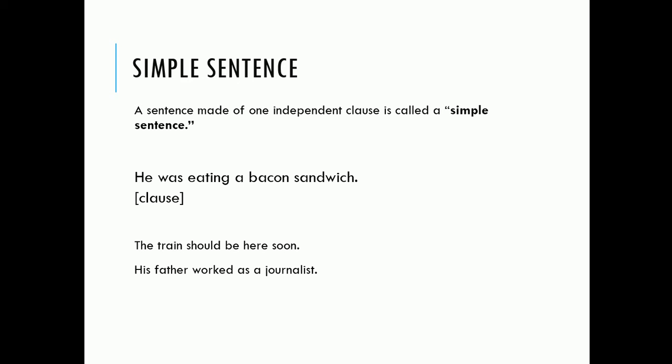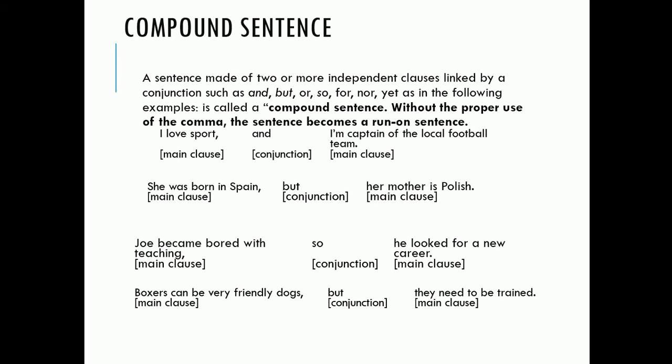A compound sentence is when two independent clauses are brought together with the help of a coordinating conjunction, like and, but, so, for, and yet. If you look at the first example that is presented before us, there are two main clauses or independent clauses which stand as I love sport, I am the captain of the local football team.